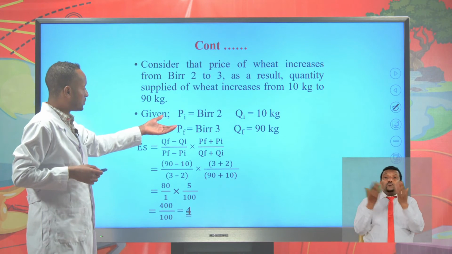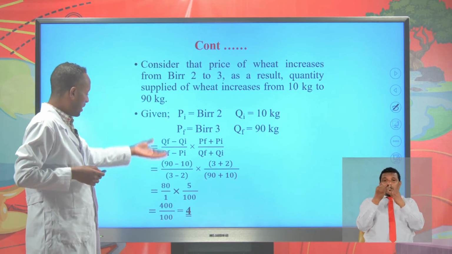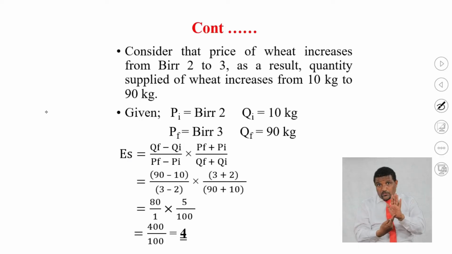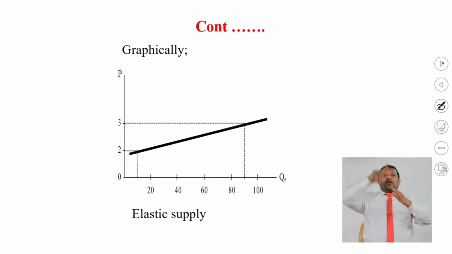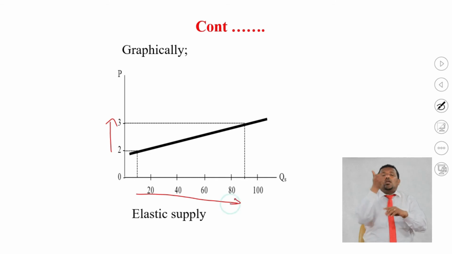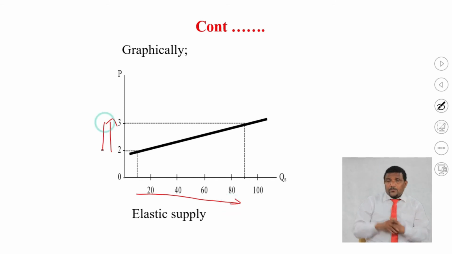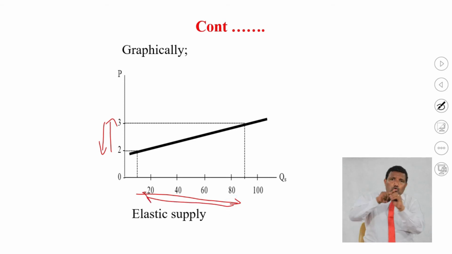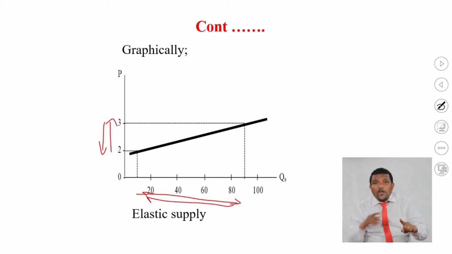And when we substitute this information into this formula, we get 4, which indicates that the supplier is elastic. Graphically, as price increases from 2 to 3, quantity supplied also increases from 10 kg to 90 kg. As price decreases from 3 to 2, then quantity supplied also declines from 90 to 10.